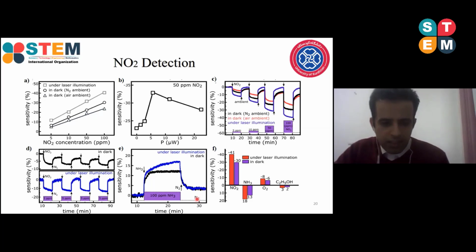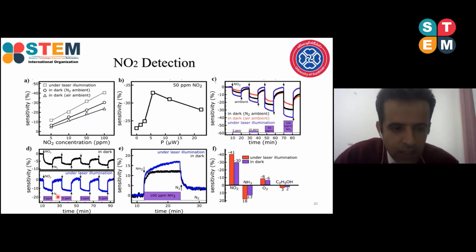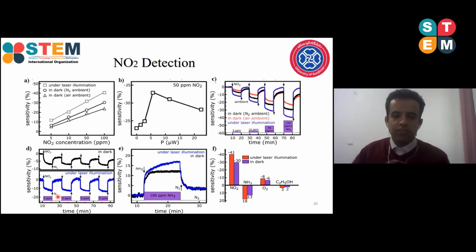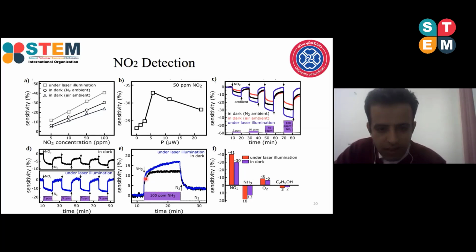As you can see, here we have a positive sensitivity compared with nitrogen dioxide, which has a negative sensitivity. It's due to the fact that with introduction of nitrogen dioxide, the current in the sensor decreases. But in the case of ammonium, the current in the sensor increases after introduction of ammonium.